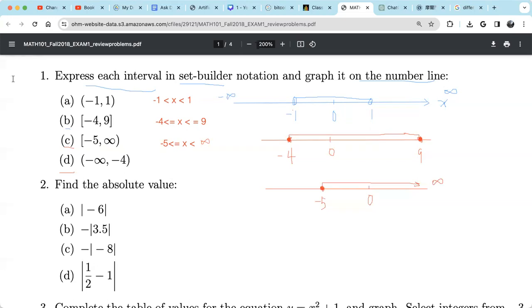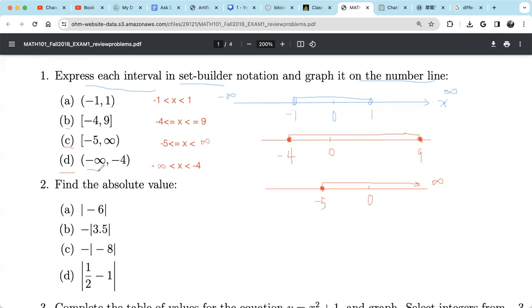That's D. D is negative infinity. So I'm going to write x less than negative, and the infinity sign. Negative infinity. We always start from the smaller number to the bigger number.